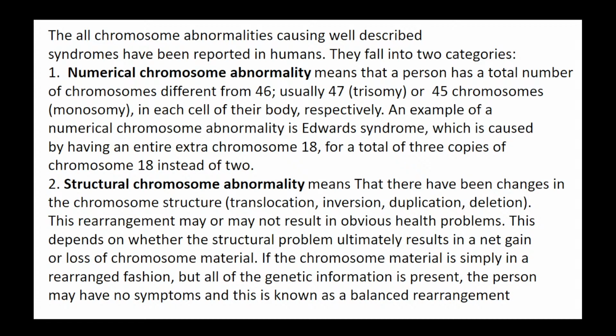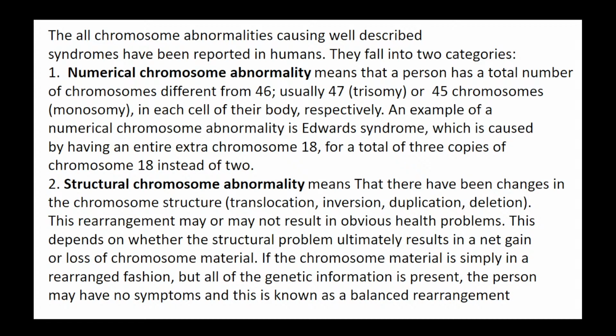More rarely we can find 45 chromosomes. This is monosomy. Examples of trisomy in people are Down syndrome, Edwards syndrome, Patau syndrome, Klinefelter syndrome, trisomy X, and Jacobs syndrome. An example of monosomy is Turner syndrome.